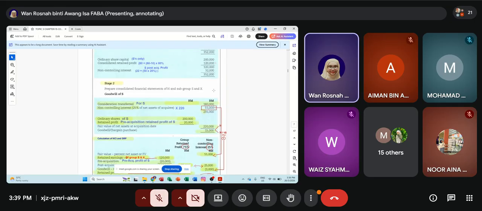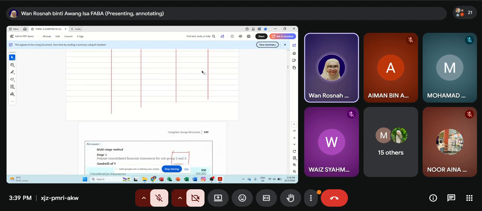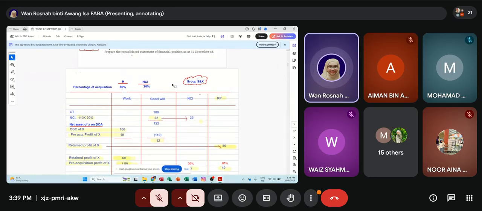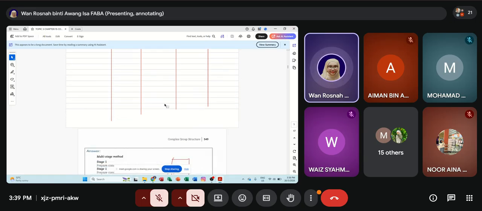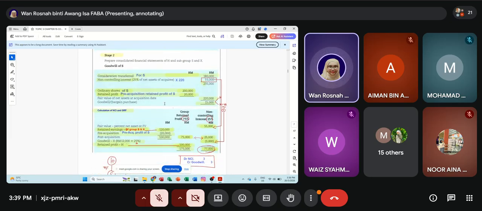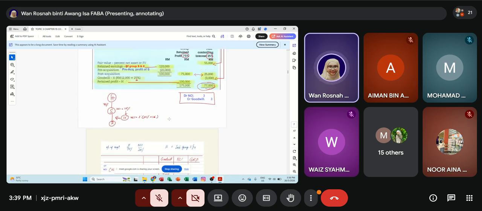Okay, cuba tengok kita punya goodwill ni. Kita dah kira kan? Ni 12. Okay, masa kita kira group NCI ni untuk group S and X, we have 12, right? And then bila kita kira lagi goodwill on consolidation of H plus all the subsidiaries, we have 15. So we have a difference of 3,000 you have to eliminate. Okay, let's get back to here.